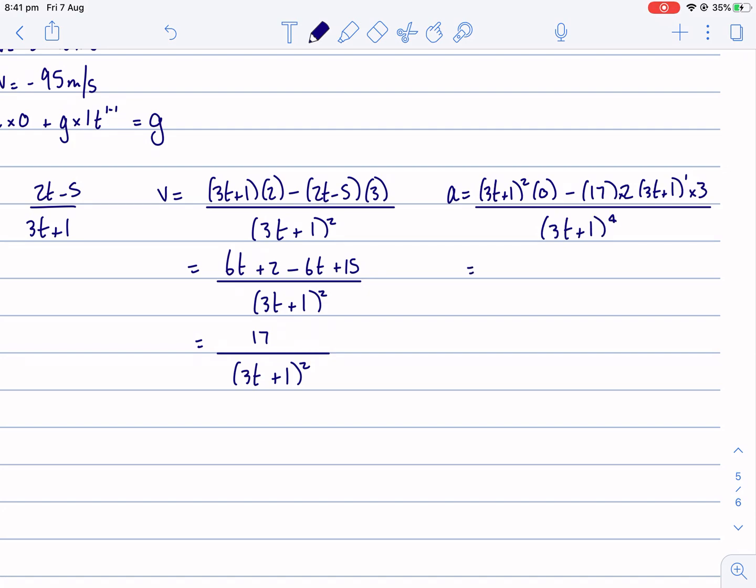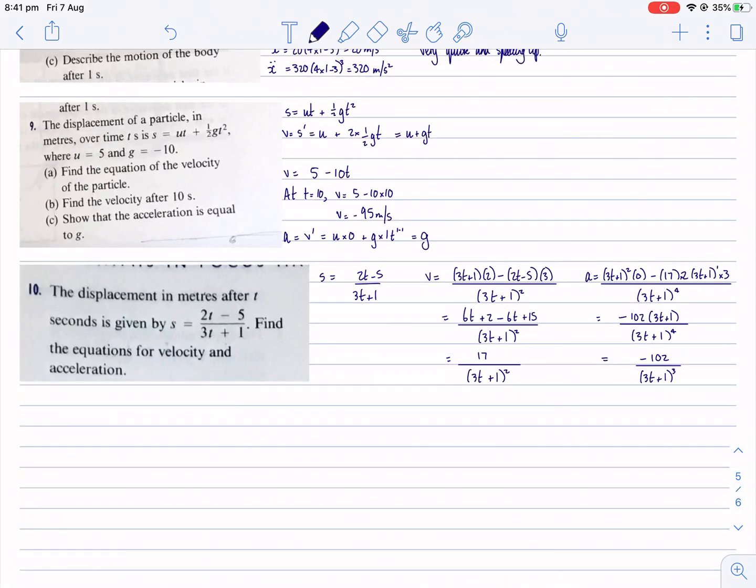That gives us negative 102 times (3t + 1) over (3t + 1) to the 4. So stuff's going to cancel. We've got negative 102 over (3t + 1) to the 3. That's it.